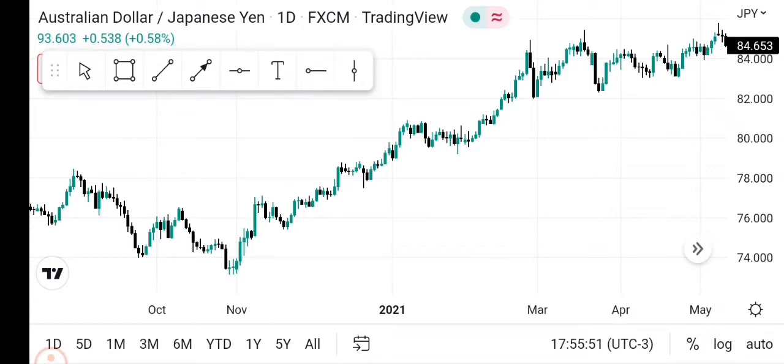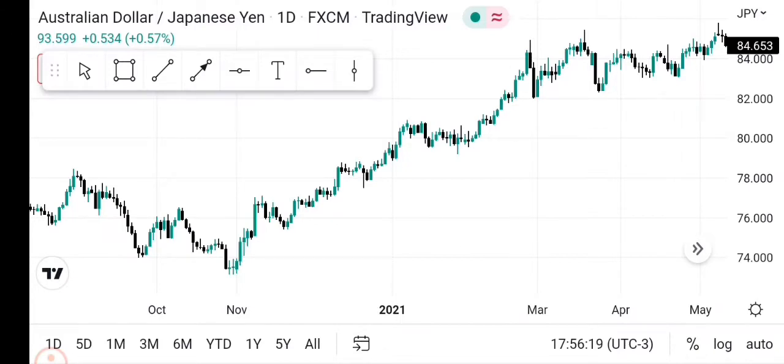Okay, now let's proceed. I said we have three types of market structure. We have the trending markets, the ranging markets and the consolidating markets. Now, the trending market has two types. It has the uptrend and the downtrend.